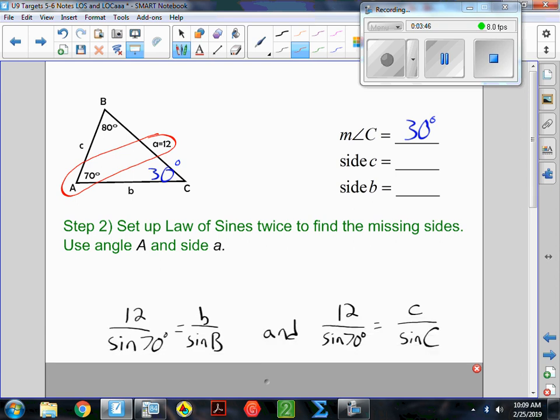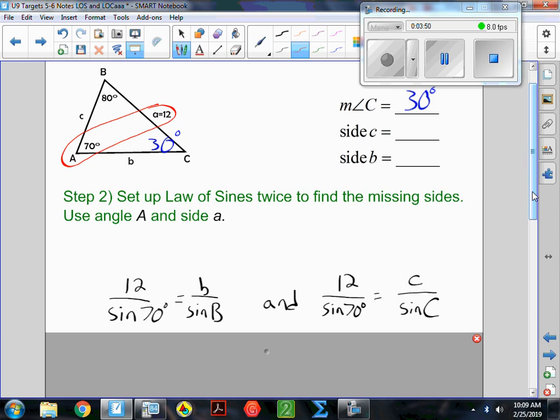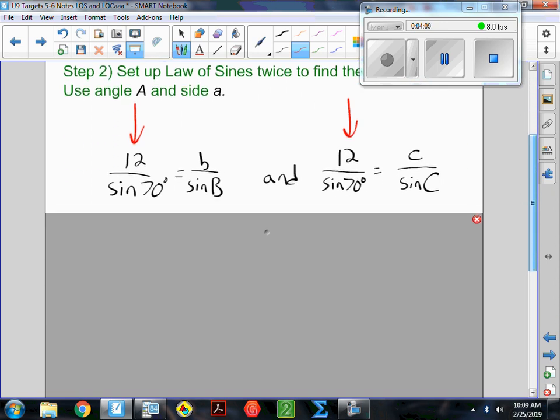And so if I set up a proportion, I can set it up twice. I can say 12 over sine 70, which is my A over sine of A, both times. I can set that equal to B over sine B and C over sine C. So using the numbers in the diagram to plug in for B and for C, I can solve.